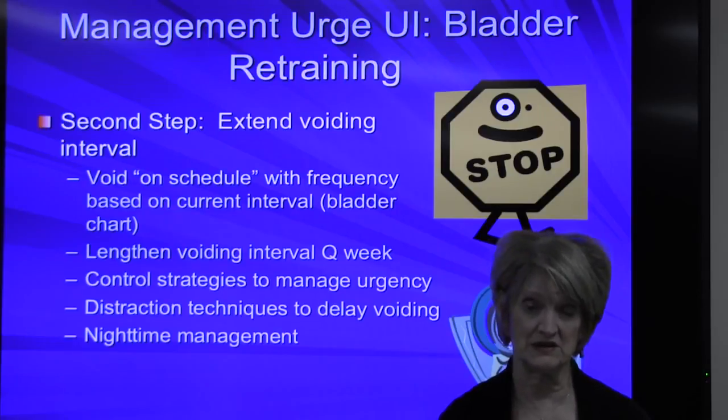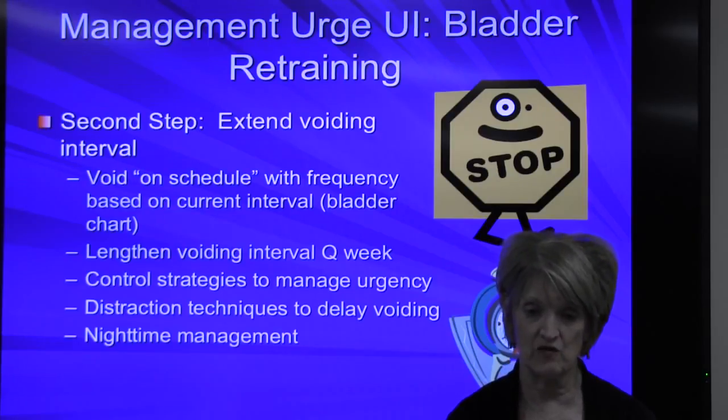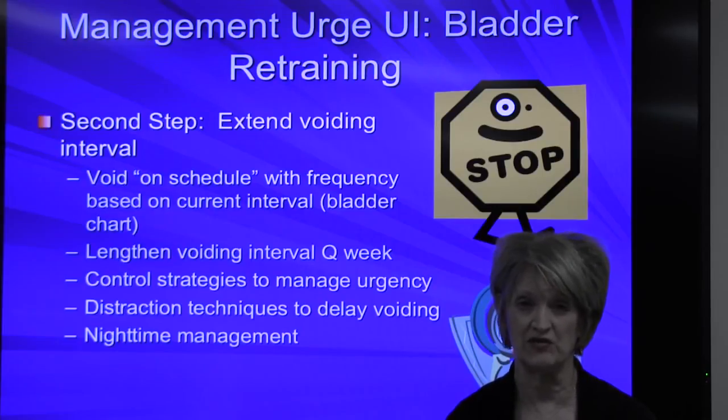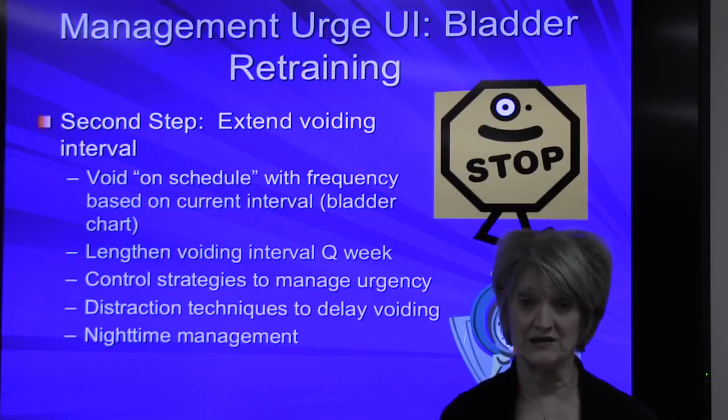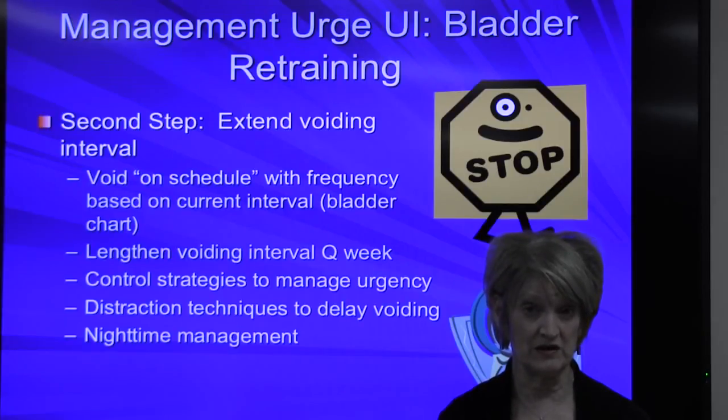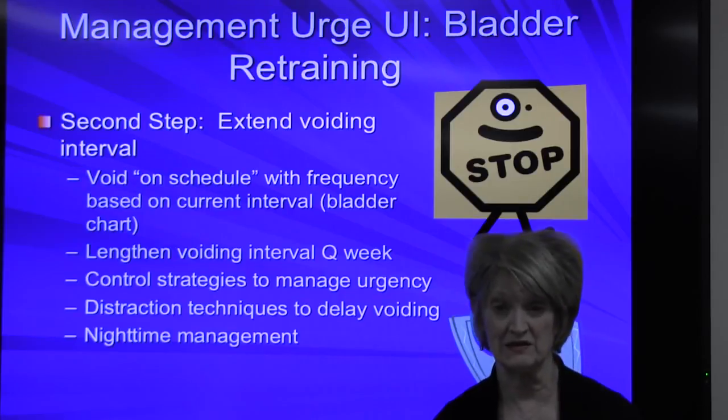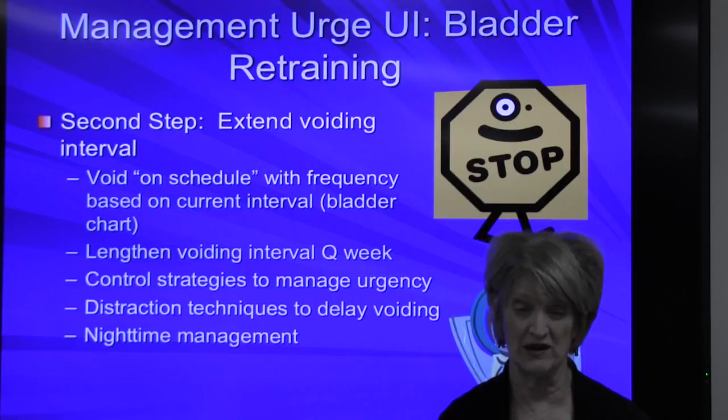What time do you get up? 6 o'clock. Okay, 6 o'clock you're going to void, 7:30 you're going to void, 9 o'clock you're going to void, 10:30 you're going to void, 12 noon you're going to void. So I'm going to give you a schedule. And you're going to follow that schedule. You're going to use freeze, squeeze, breathe to control episodes of urgency so that you can make it to the next assigned voiding time.